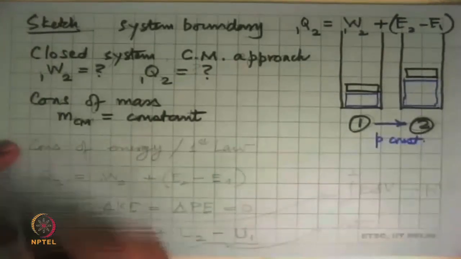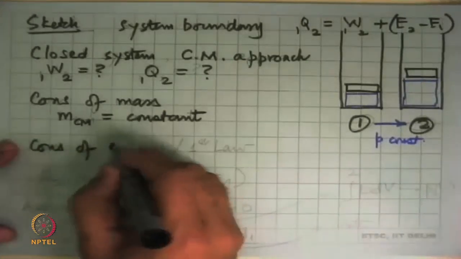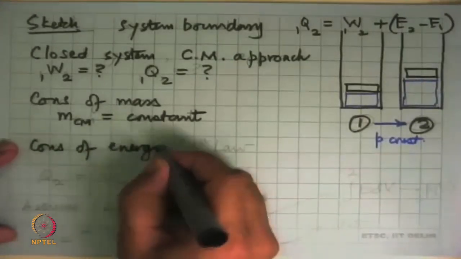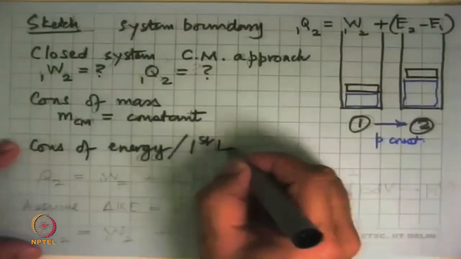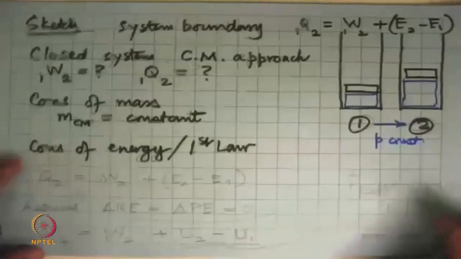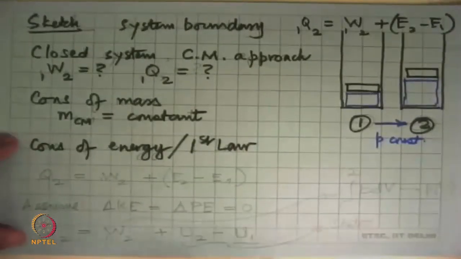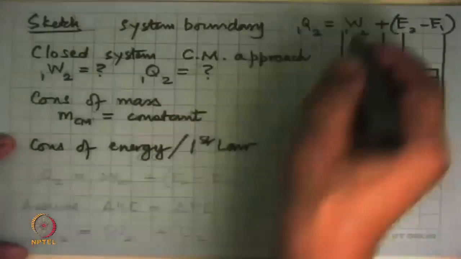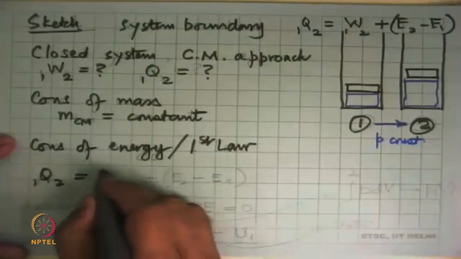Okay, conservation of mass. Then we have conservation of energy. Okay, so the equation is the same that I have written there, and there is no assumption that is coming up in this part.